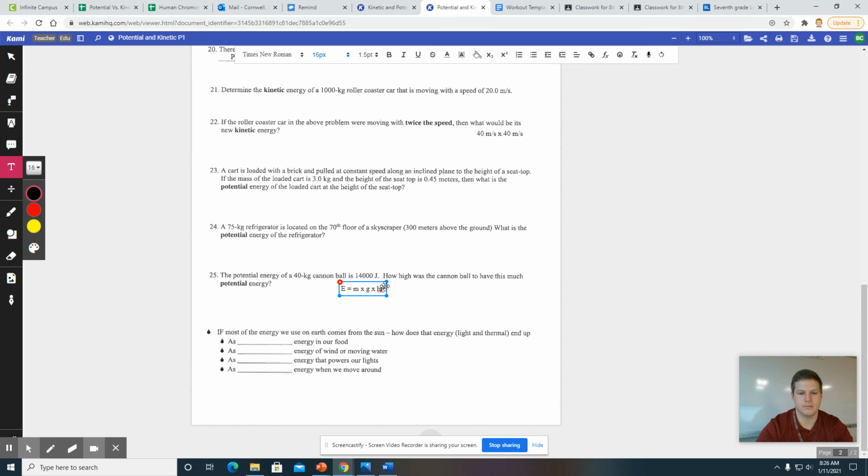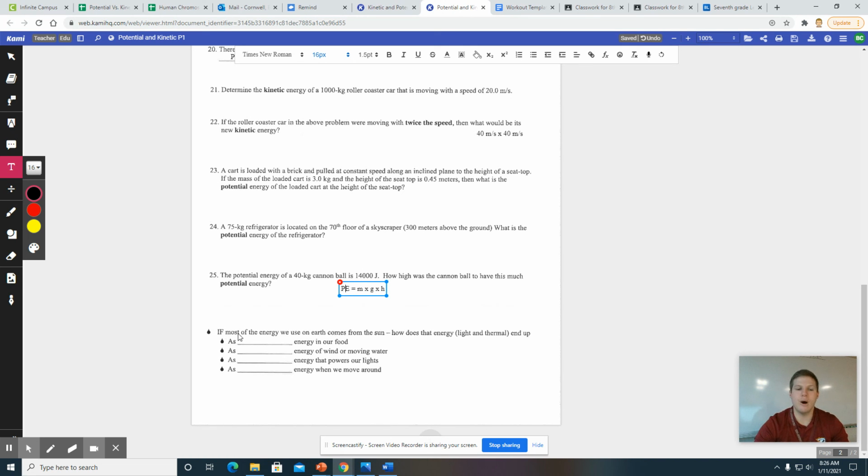Oh, I actually messed up. So we know that PE equals that. So we have the mass, and we know the force of gravity is 10 in this, and we also know that this is the energy. So you guys need to solve for H, solve for height. So we're using a little bit of algebraic skills here, okay?